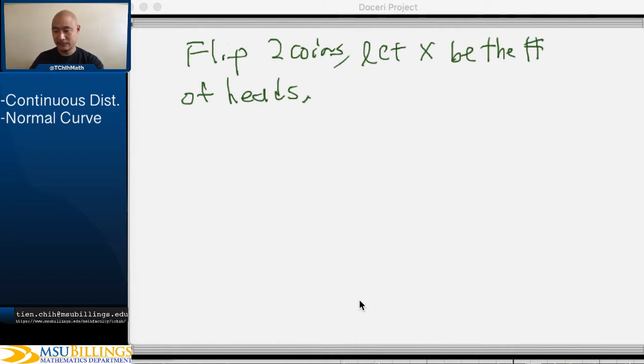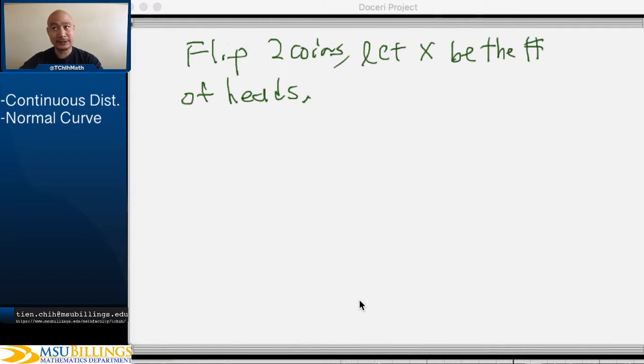Okay, so flip two coins and let x be the number of heads, then what I want to know right now is what a probability distribution for this problem looks like.